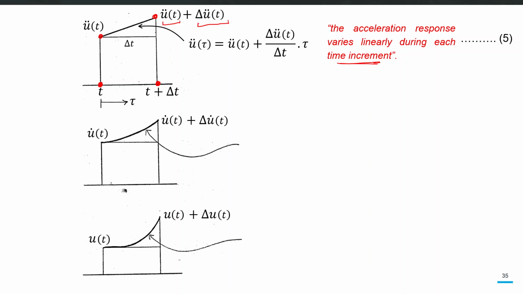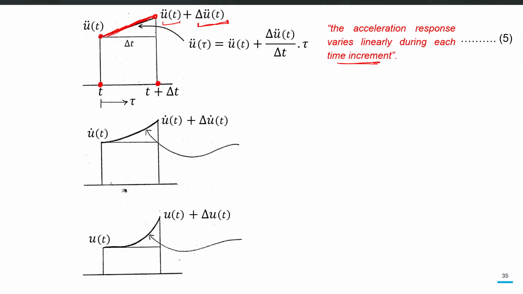This is the increment which happens between t and t plus delta t, and the assumption says that the variation of acceleration between them is linear. So this line is a straight line according to this assumption.